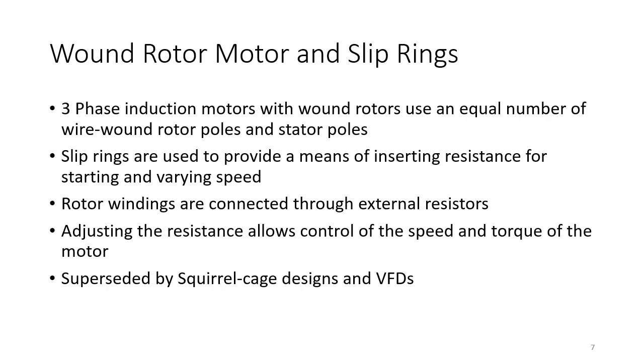So this is an old sort of electromechanical mechanism of changing the motor speed, and the rotor windings themselves would be connected via external resistors. So what you would do is adjust the resistance, allowing control of the speed and torque of the motor. We don't often see this today. This has been superseded by squirrel cage designs and variable frequency drives, which give us that speed control, but you may occasionally come across these in legacy type applications.